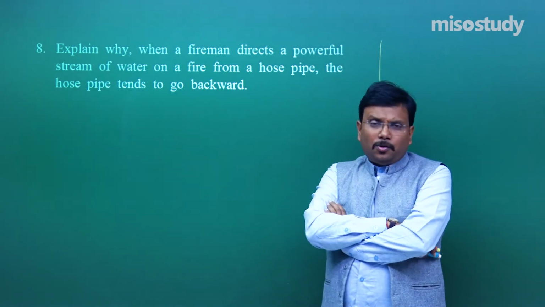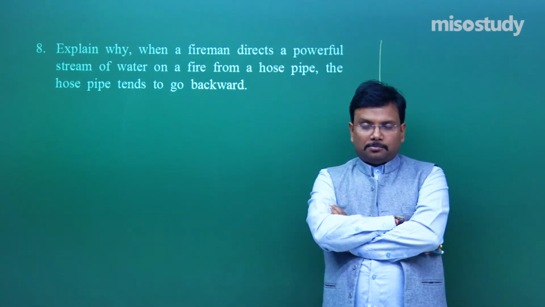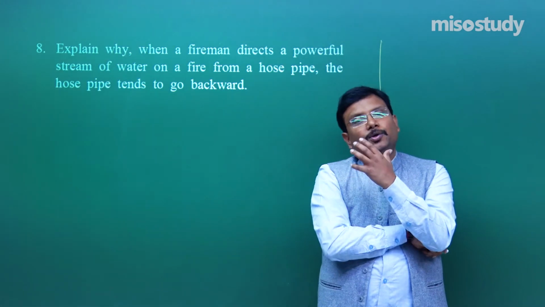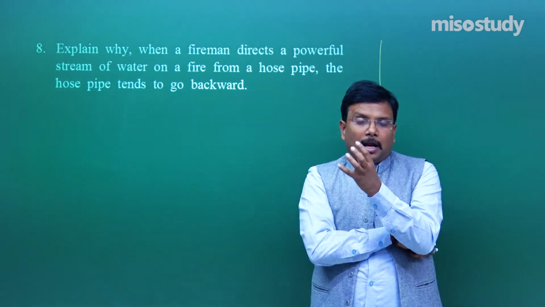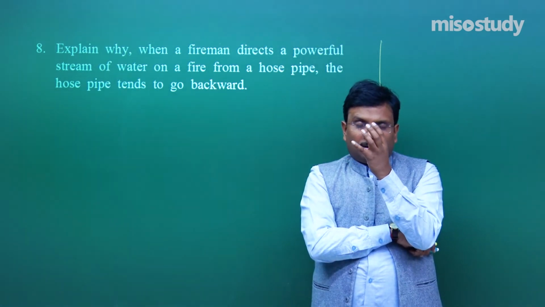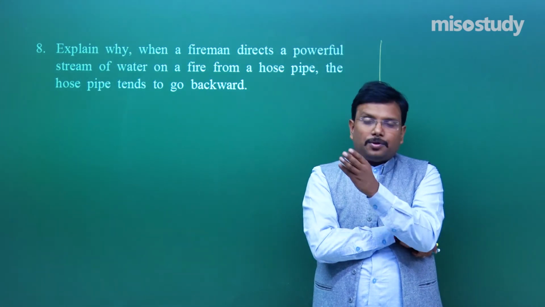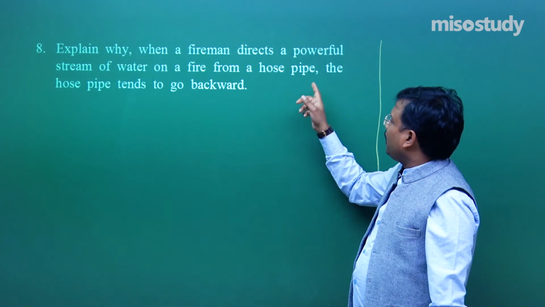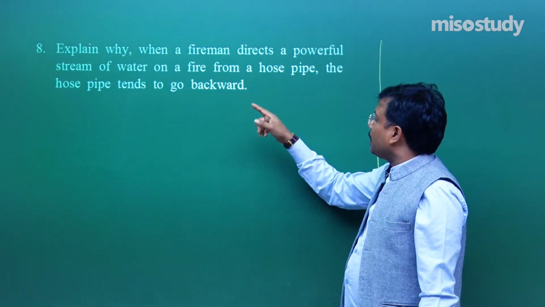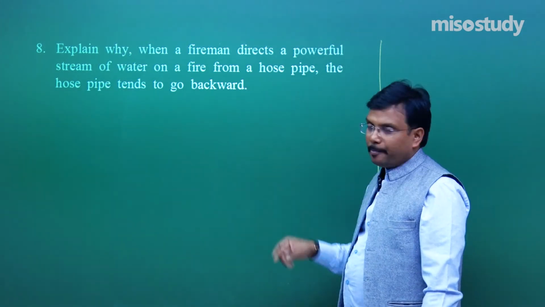But if you really want to experience it, you should take a big pipe and allow a huge amount of liquid to flow simultaneously. So, why do hose pipes tend to go backward?